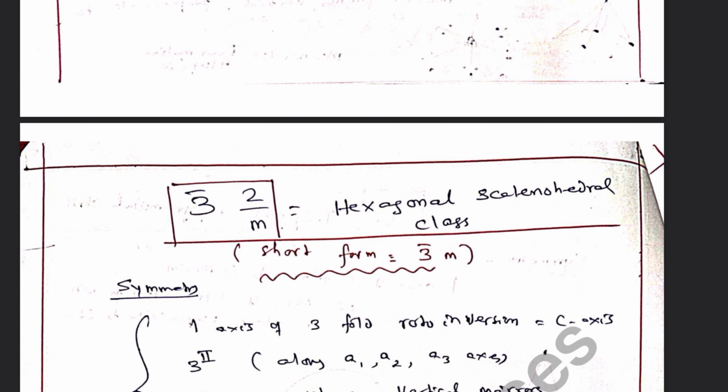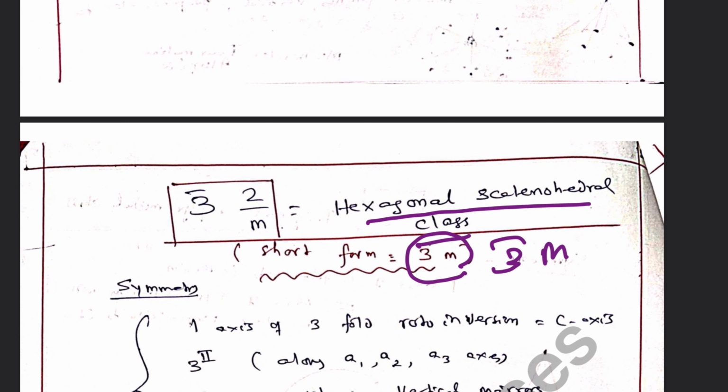Then in case of 3 bar 2 by m, it is the normal class of the trigonal division, and it is called the hexagonal scalenohedral class, which is equivalent to 3 bar m, a short form of 3 bar 2 by m.